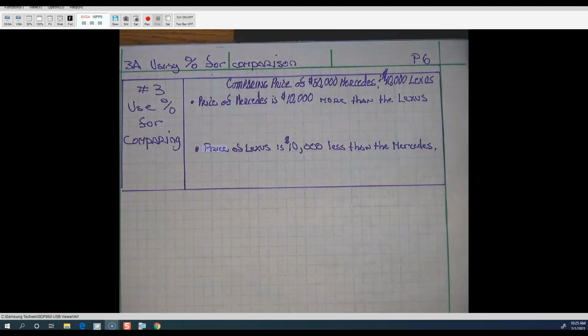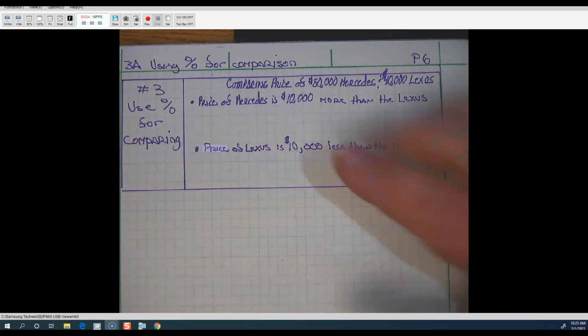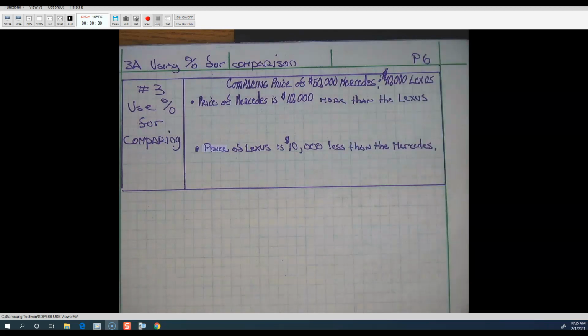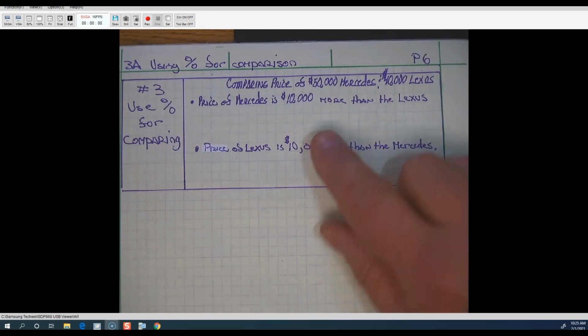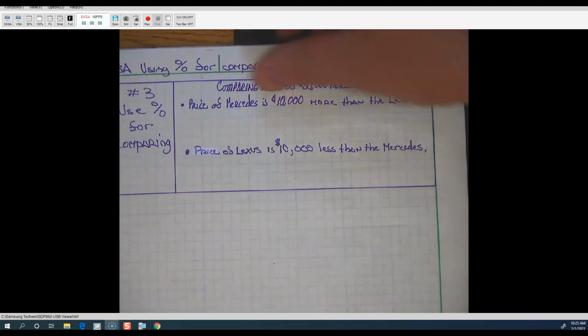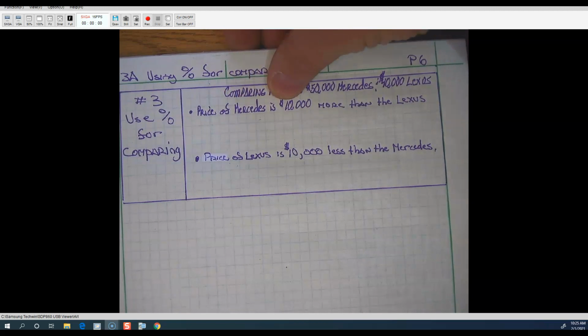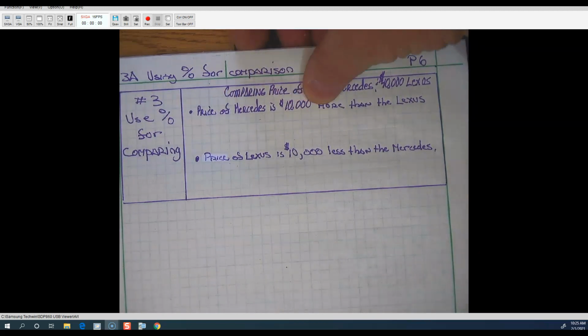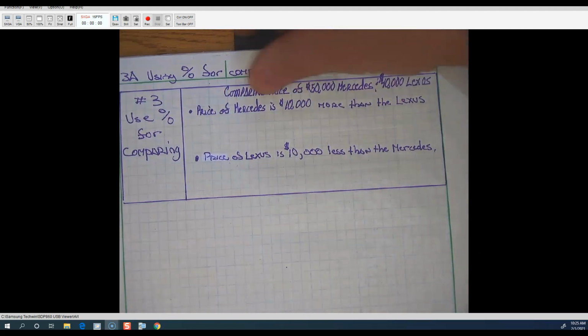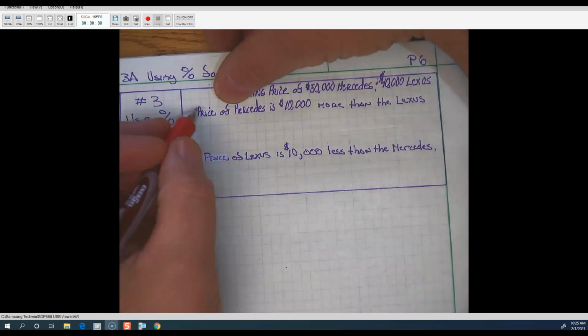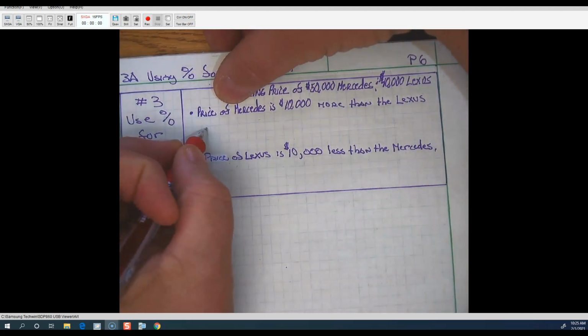All right, now there's another way that we can compare these using fractions or using percentages. So if I was going to describe the price of the Mercedes, its difference, as compared to the Lexus, I could say this. So indent a little here.